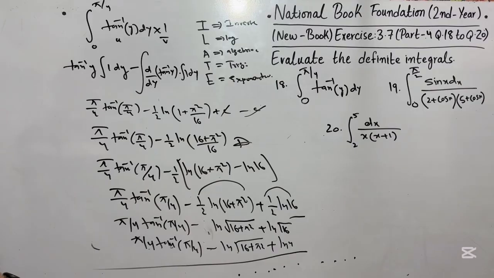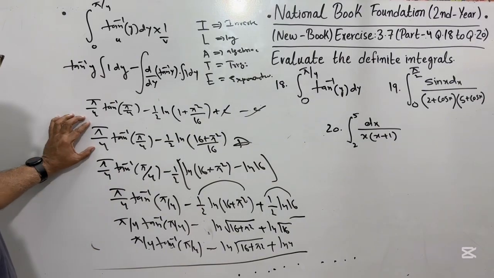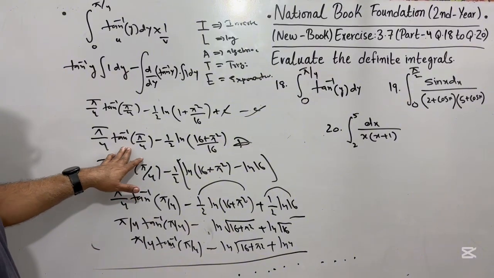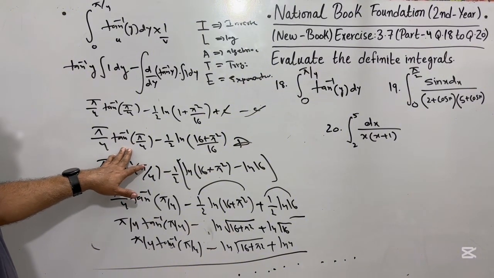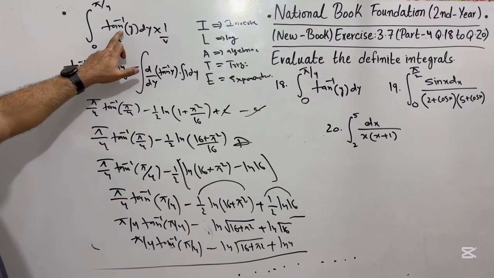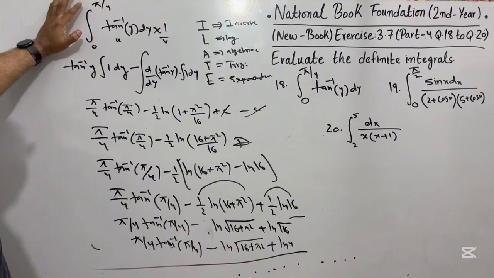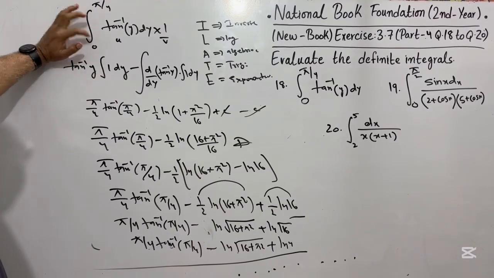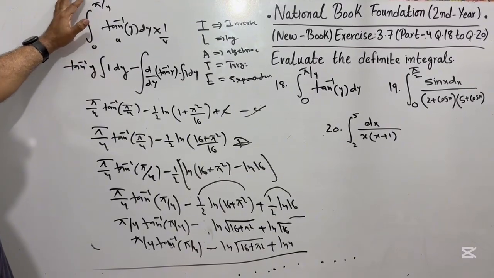By the way, in your book there is given only pi upon 2, and there is nothing else. This question demands further investigation, but I am sure it is their mistake in the limit. There is tan inverse, so there must be some numerical value like 0, 1, root 3, 1 over root 3.